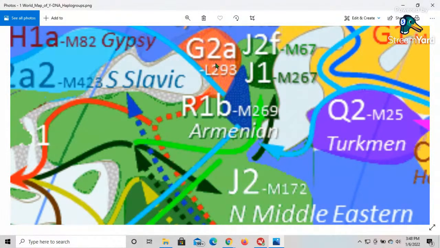I can't really show that it's Assyrian right here, but of course, the Assyrians were in this area here. And there are other maps that show Assyrians in this area. But that's Semitic. That would be a Semitic population.